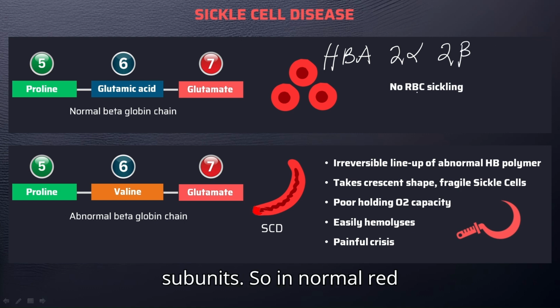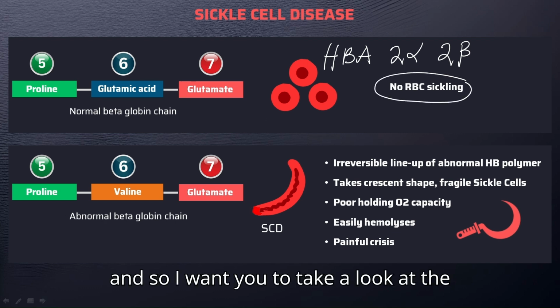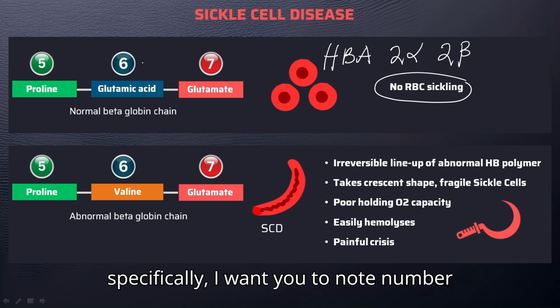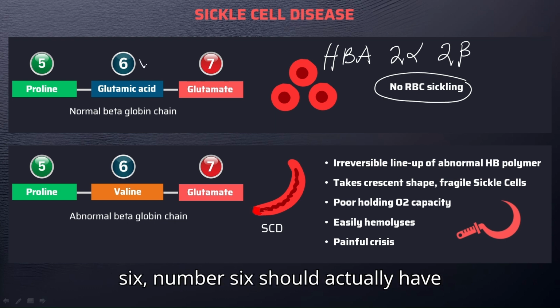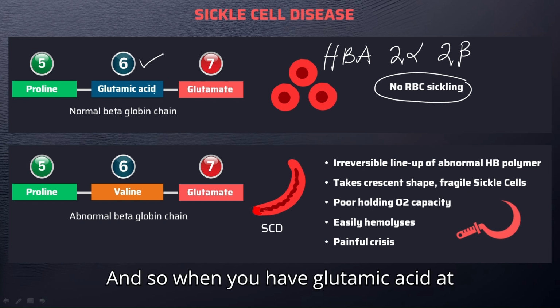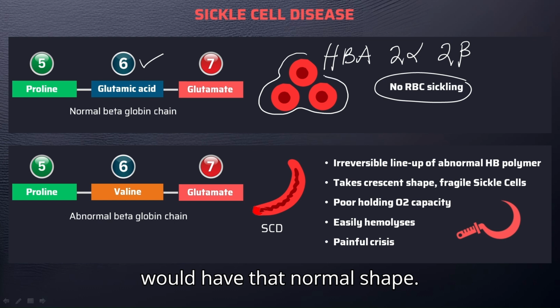So in normal red blood cells, there is no sickling. And so I want you to take a look at the amino acids you find here. And specifically, I want you to note number 6. Number 6 should actually have glutamic acid, which is hydrophilic. And so when you have glutamic acid at number 6, then the red blood cells would have that normal shape.